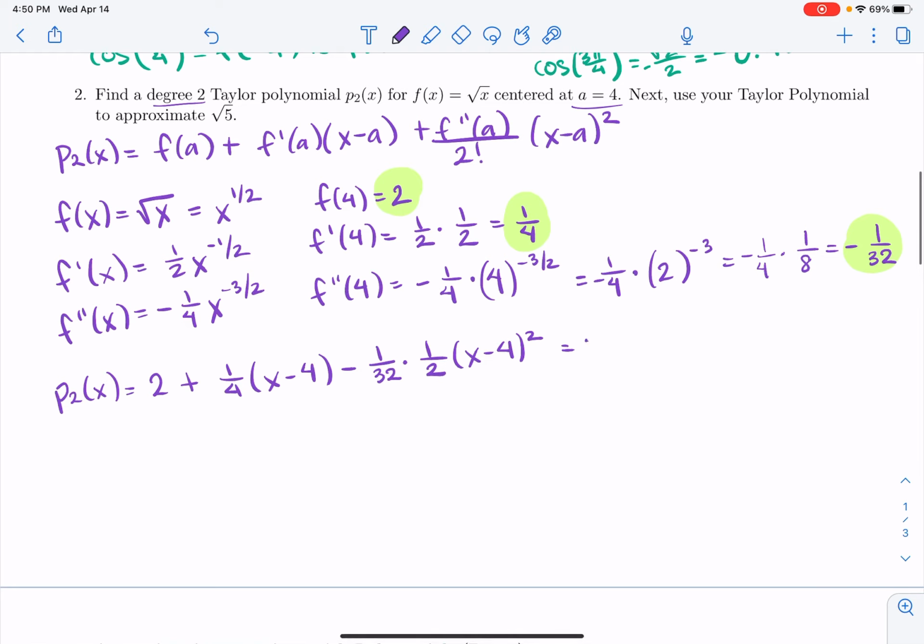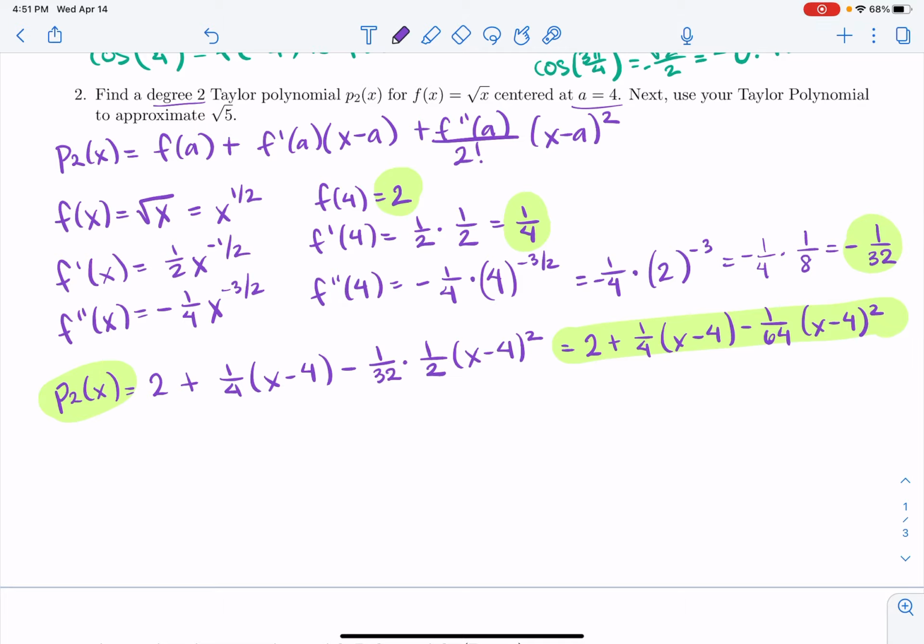That's equal to 2 plus 1/4 times x minus 4 minus 1/64 times x minus 4 squared. That is my P2 of x Taylor polynomial.